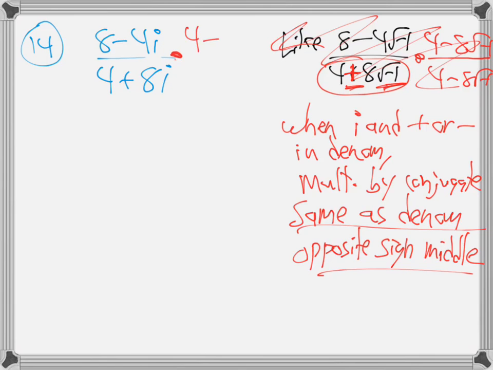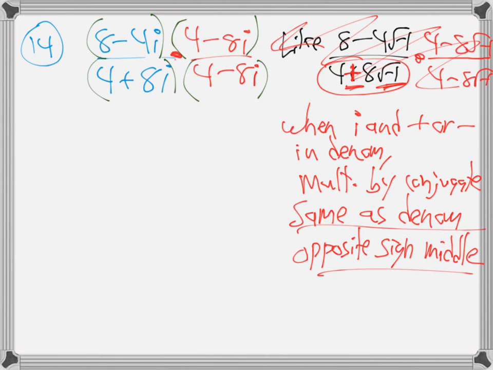So what goes in the middle? Exactly the denominator, but opposite sign in the middle, negative. Is that making sense? It's just what we did last week with square roots. An i is a root. So an i with a plus or minus is a root with a plus or minus. So that's how you divide. You do the conjugate.